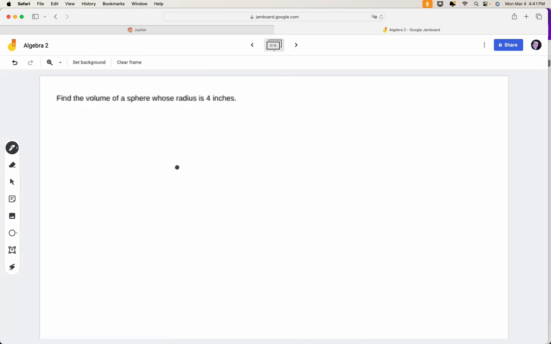Okay. Find the volume of a sphere whose radius is 4 inches. All right, volume of a sphere is 4 pi r cubed divided by 3. I think that's right. Yep, that's the formula. So if the radius is 4 inches, we just have to put that in for the radius. So that would equal 4 pi 4 inches cubed divided by 3.